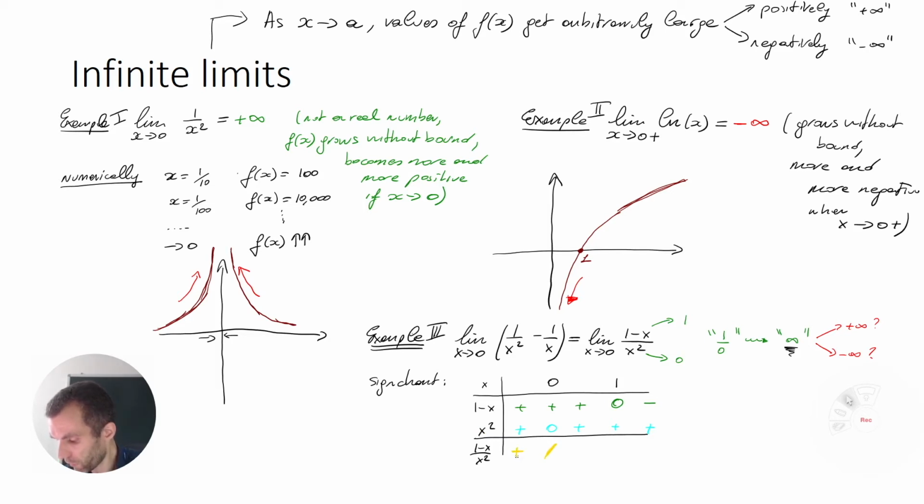It's positive for x less than 0, positive for x between 0 and 1, 0 at x equals 1, and then negative. In particular, if we look around 0, we see that the function is positive. So from that we can decide that if we go towards 0 from either side, we stay in the positive range, so the limit is plus infinity.